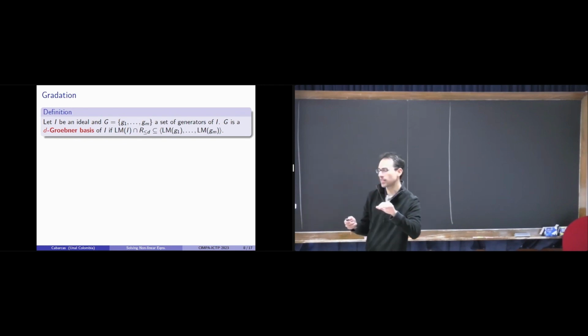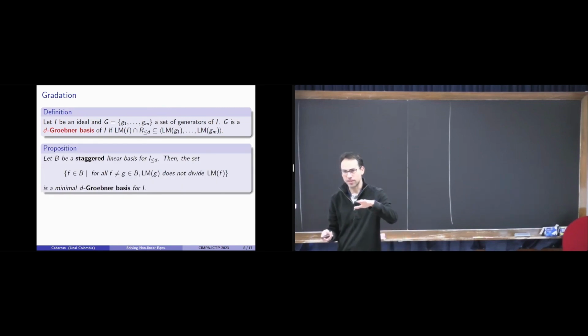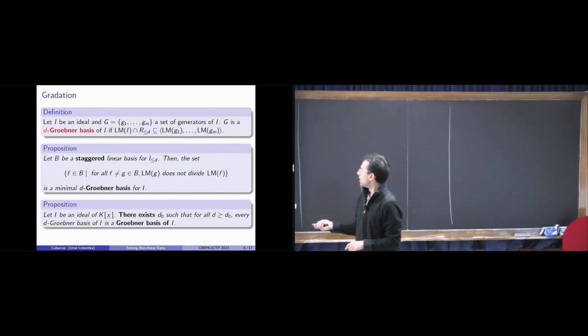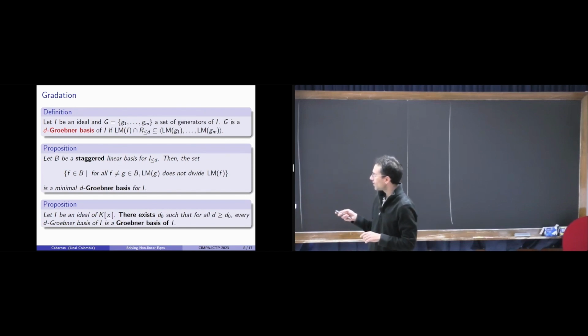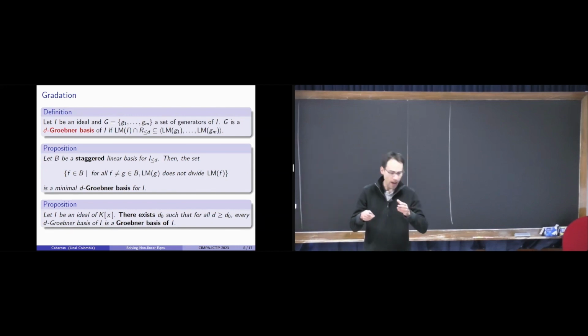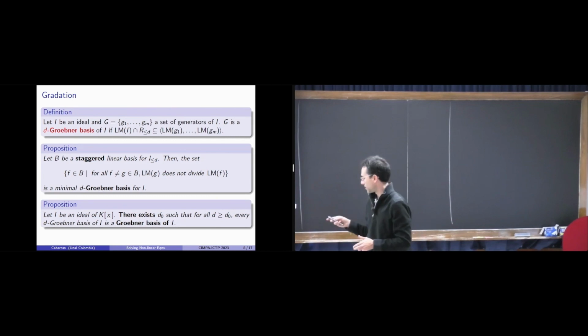Now we're talking about a finite dimensional vector space. We can find a staggered linear basis of that vector space, and then from there we can read a d-Groebner basis at degree d. And it is possible to prove that at some degree, a d-Groebner basis becomes a Groebner basis for the whole ideal. So all you have to do is to go to a high enough degree, and then for sure you will find a Groebner basis.